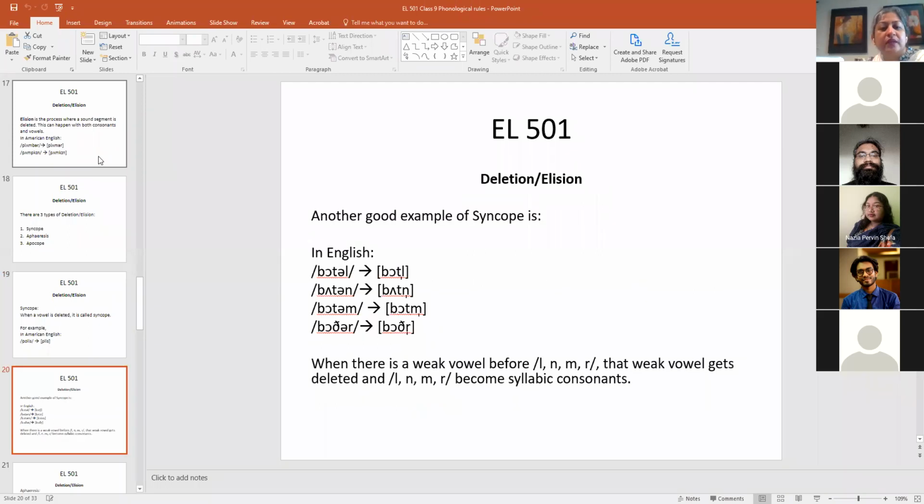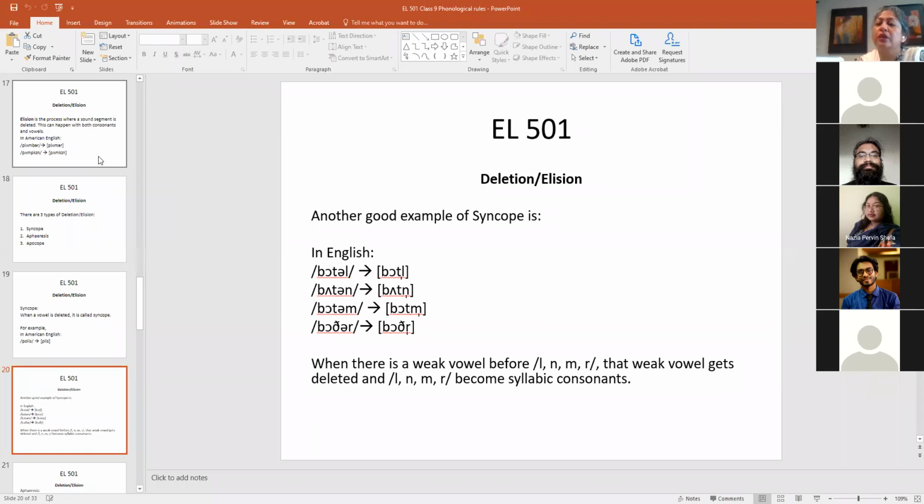All right. Another good example of syncope is bottle becoming bottl, the schwa getting deleted when it is in an unstressed syllable, and the highly sonorous sounds like la, na, ma, or ra becoming the syllable nucleus and taking on the vowel position.